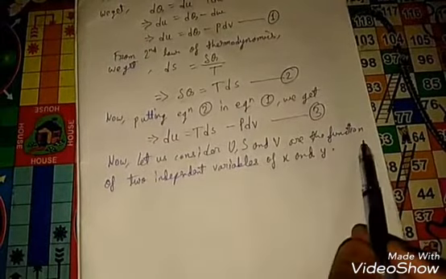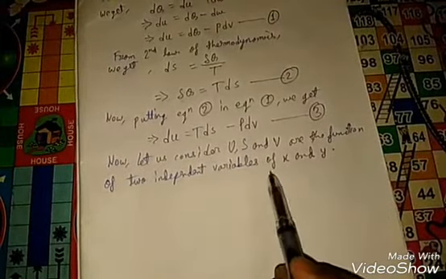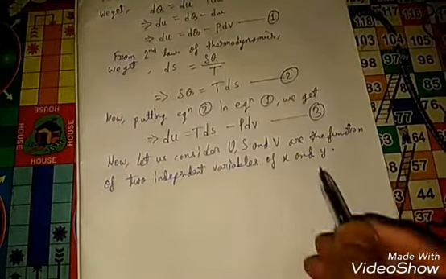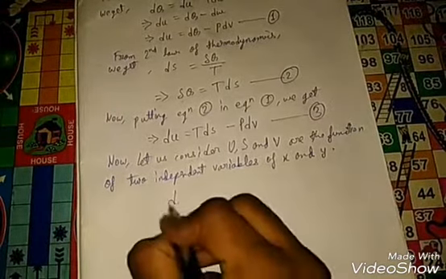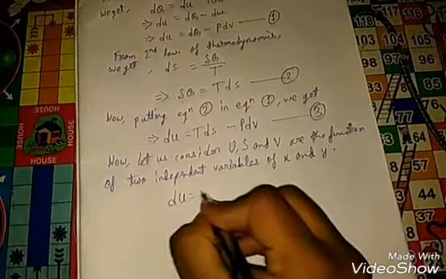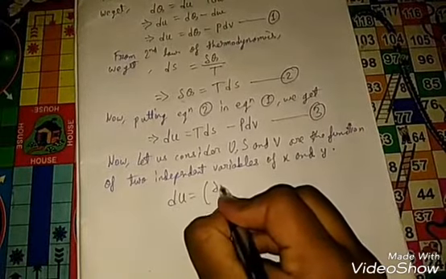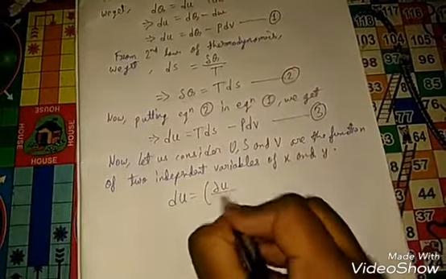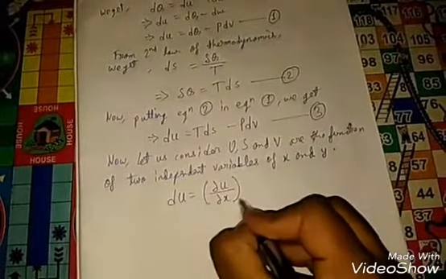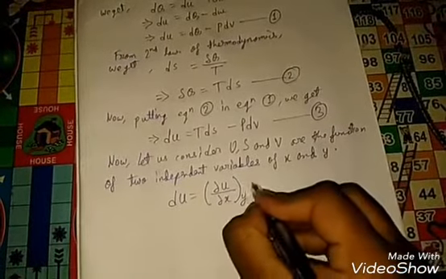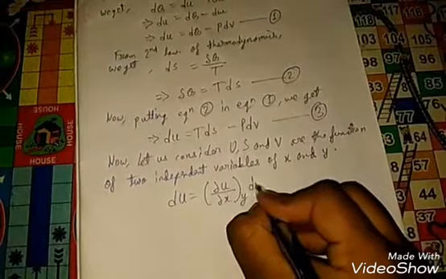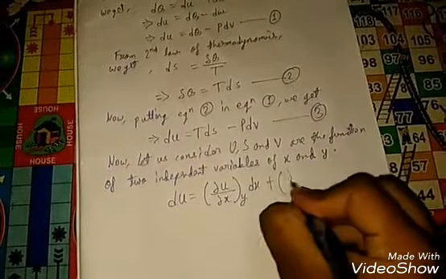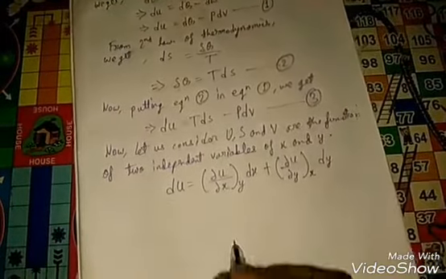So when we consider u, s and v as functions of two independent variables x and y, we can write du is equal to del u by del x keeping y constant into dx plus del u by del y keeping x constant dy.